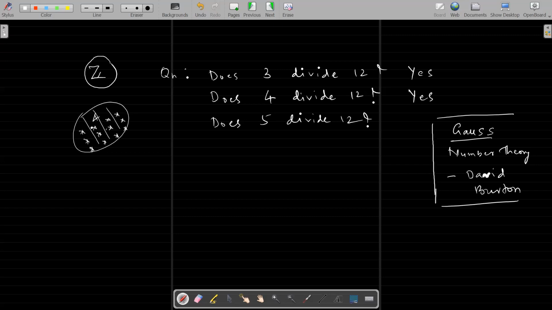Sir, a question. Yes. In this, can we use fractions, not only integers and natural numbers? As far as divisibility is concerned, we do it in integers, not in rationals, so we don't use fractions there.